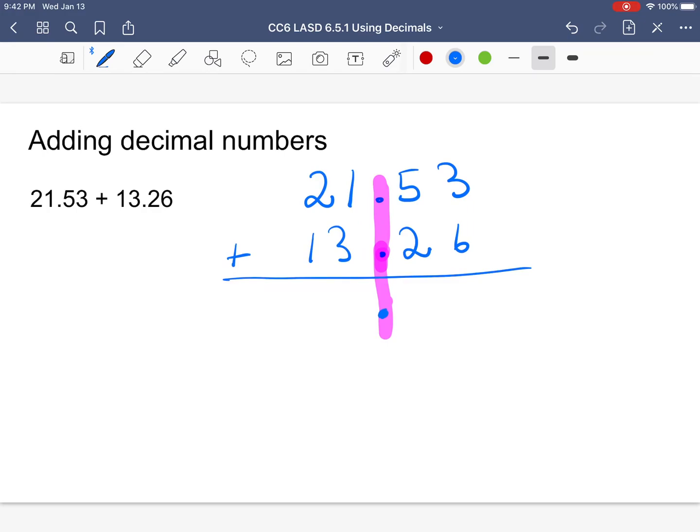So let's add the like decimal or place values with each other. So 3 plus 6 is 9, that's 9 hundredths. 5 plus 2 is 7, 7 tenths. Is 3, that's 3 tenths. So 34.79 is the answer.